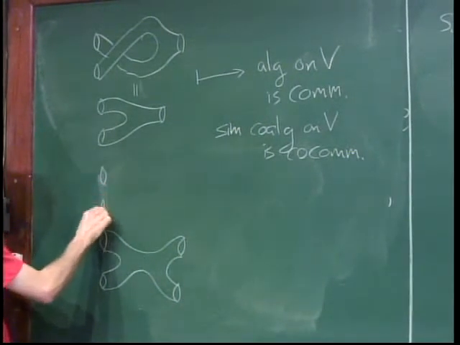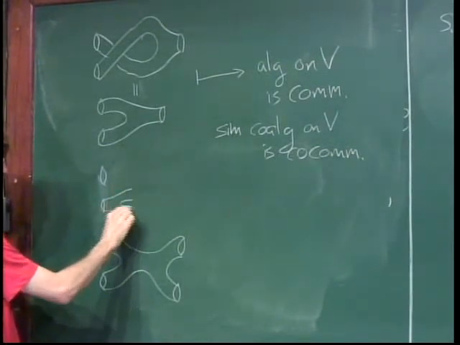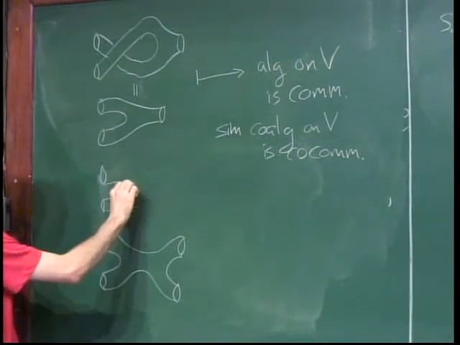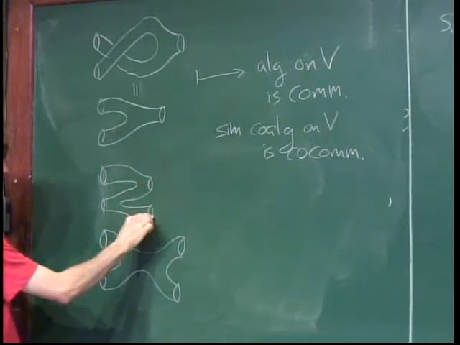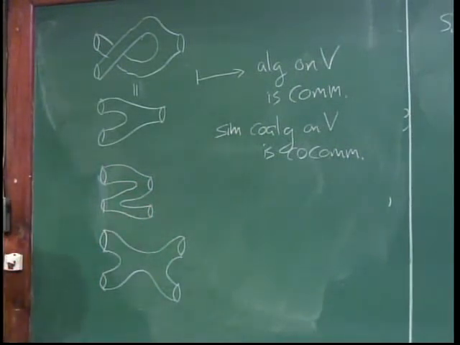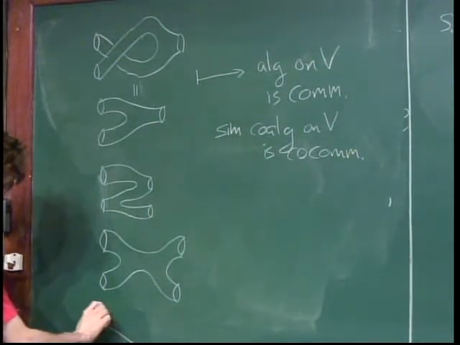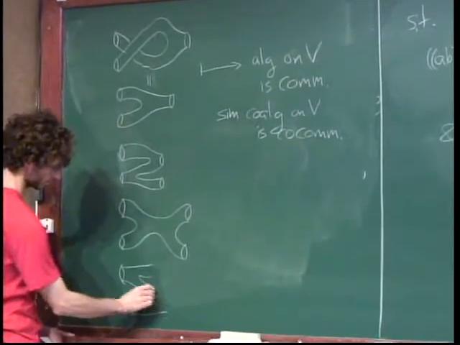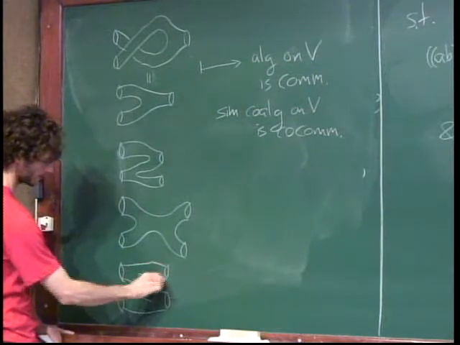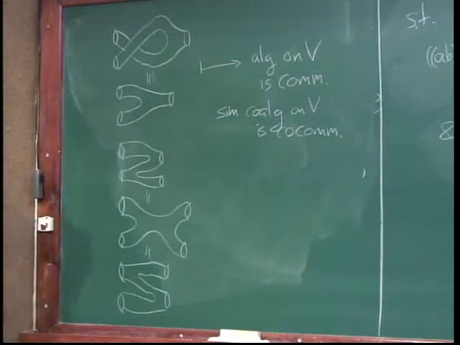Or starting with those same 2 circles, I can first co-multiply the second one, and then multiply like that. Or there's a third thing I could do, which is that I could co-multiply the first one and then multiply in the second one. And all three of these are diffeomorphic rel boundary, just by squishing them around a little bit.